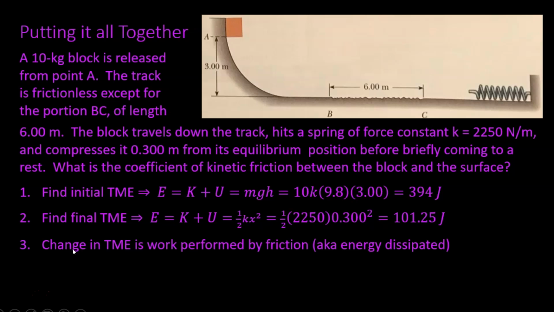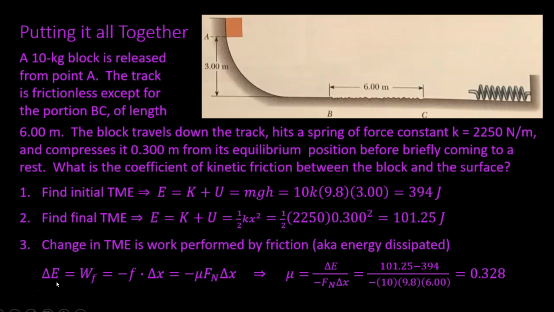Now, if we didn't have this non-conservative force of friction, total mechanical energy would be conserved, but it's not conserved because energy is dissipated over this patch of the displacement. So the change in total mechanical energy is the work performed by the friction, and we also call that the energy dissipated.